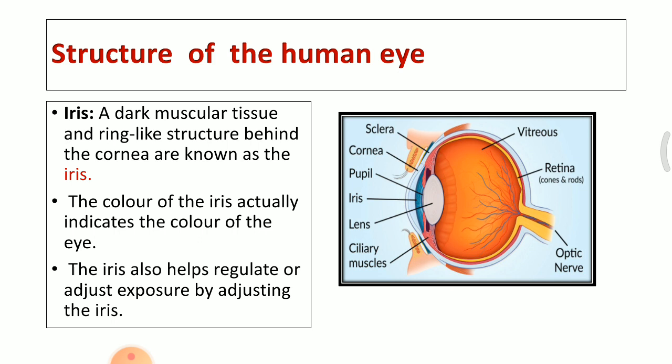What is the function of this iris? It is a muscular ring-like structure. It helps regulate or adjust exposure by adjusting the pupil.